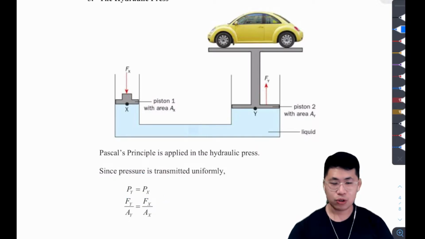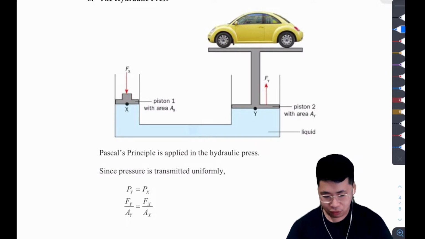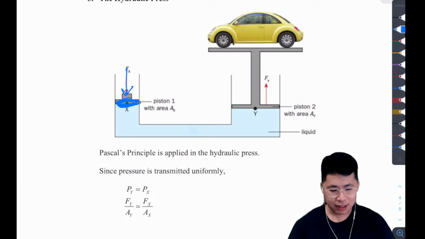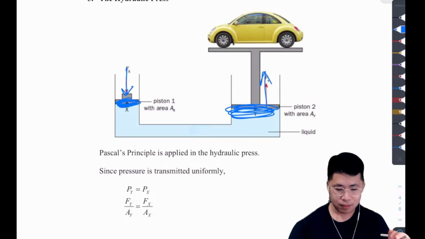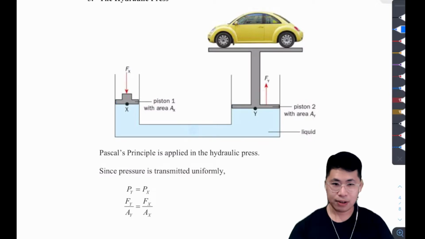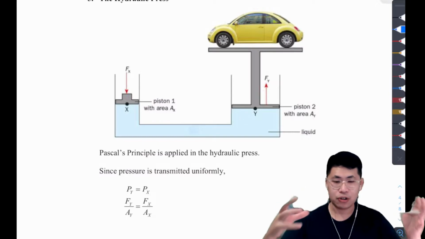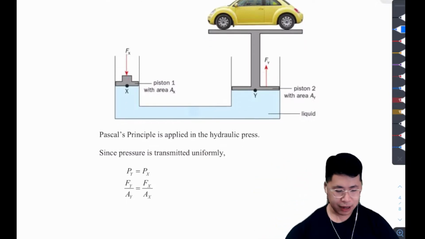So pressure is going to be equal to force over area. So force over the area of the piston will be equal to the force over the area of the second piston. Force over area equals force over area because the pressure is the same at both sides.